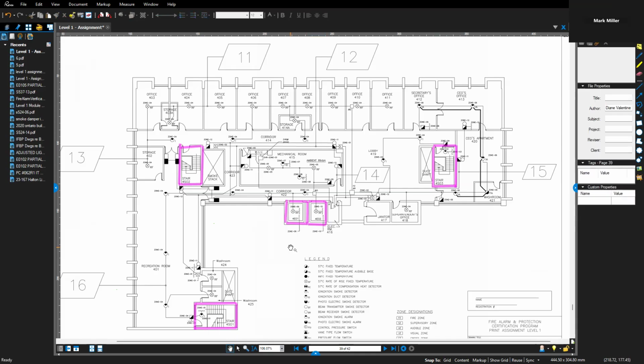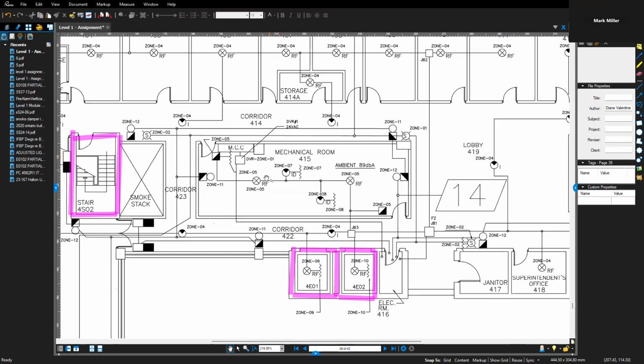Electrical rooms, mechanical rooms, things like that, don't get their own fire zone. They only have a 1 hour fire separation around them, not a 2 hour fire separation. So they are zoned the same. And we can see that if we zoom into the mechanical room. Oh, they gave this one its own fire zone.